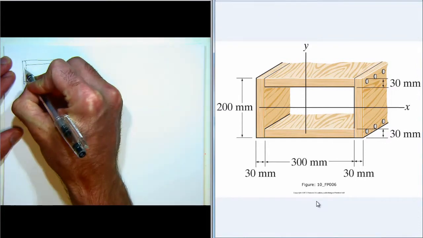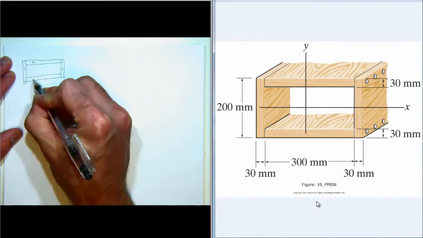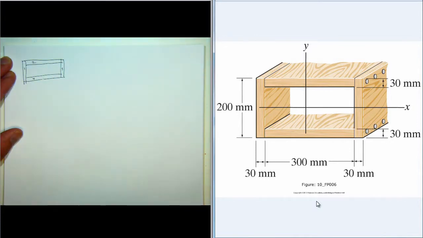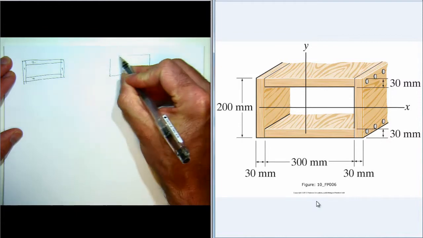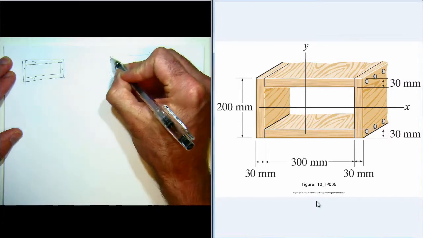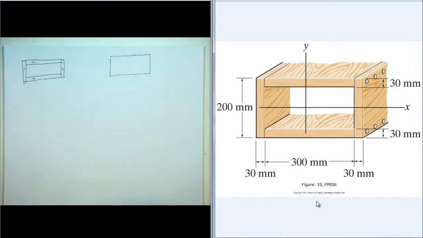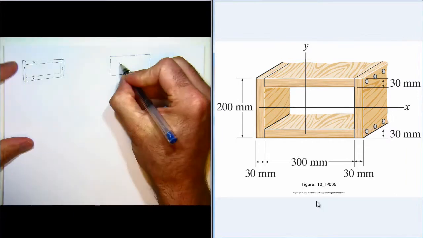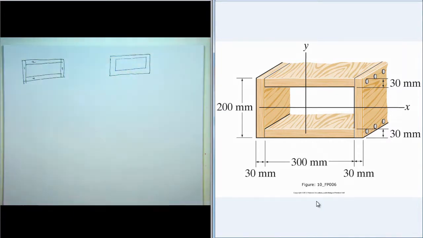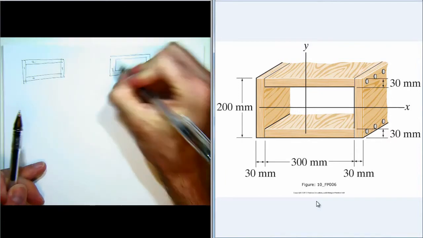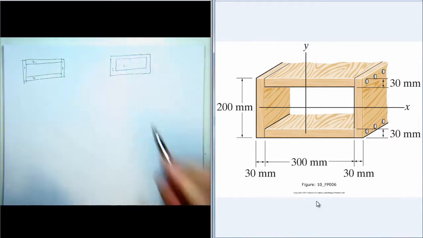So here's segment 1, 2, 3, and 4. Or we could consider it to be two parts: a big rectangle and then a smaller void. So we've got part 1 and part 2, which is a hole.